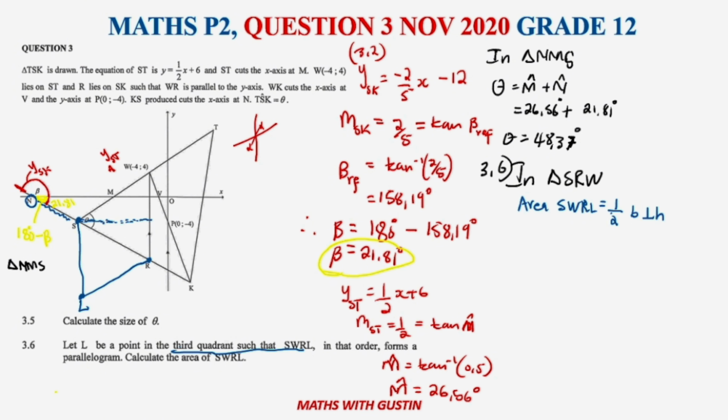I think you remember this from grade 10, somewhere in grade 11, where you need to find the perpendicular height, let me put it in a dotted line, before you can calculate the area of a given shape. Okay, so now what do we have here? Do we know the coordinates of S? Yes, we know the coordinates of S.